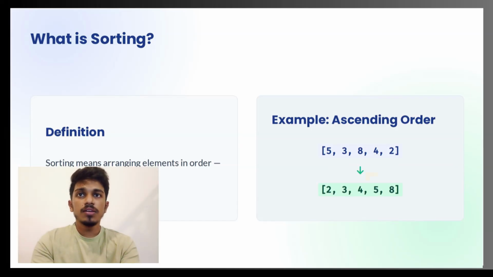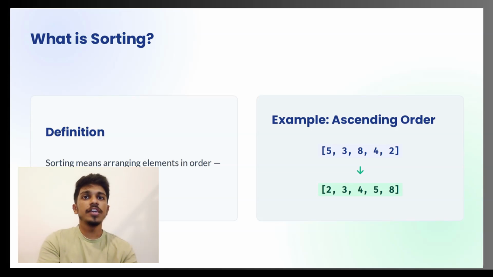As an example, if we have an array, say 5, 3, 8, 4, 2, after sorting in ascending order, it becomes 2, 3, 4, 5, 8. There are many sorting algorithms like bubble sort, insertion sort, and merge sort. But today our focus is on the power and efficiency of quick sort.